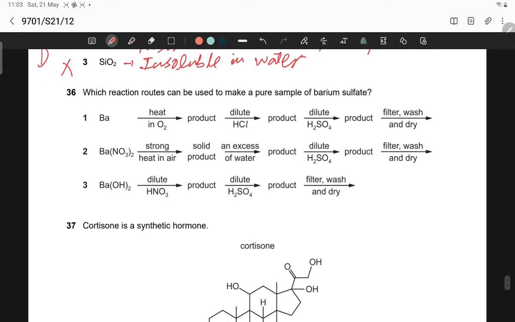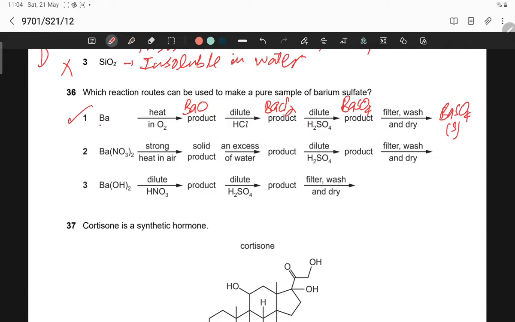Which reaction routes can be used to make a pure sample of barium sulfate? Barium in oxygen, the product is BaO. With dilute HCl, the product is BaCl2. And when it reacts with sulfuric acid, the product will be barium sulfate, which is insoluble. Filter, wash and dry the solid barium sulfate.